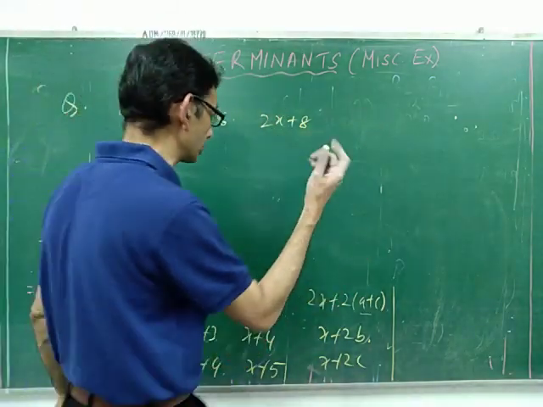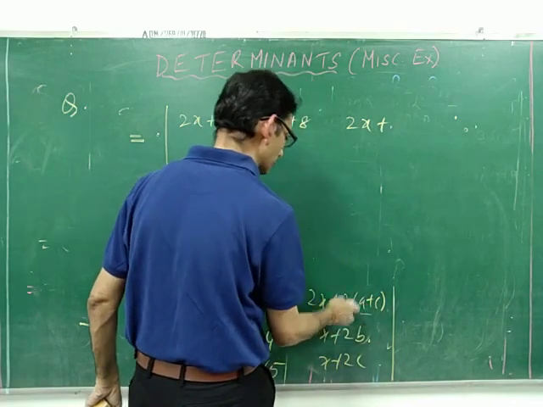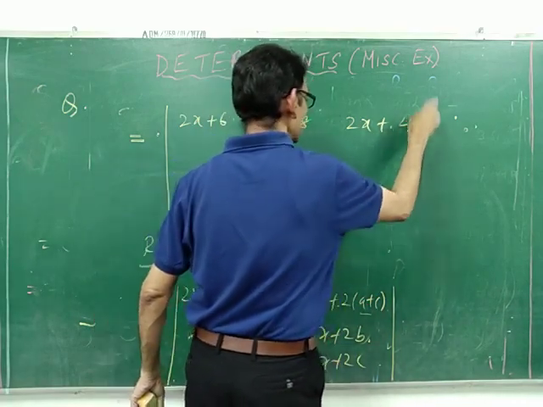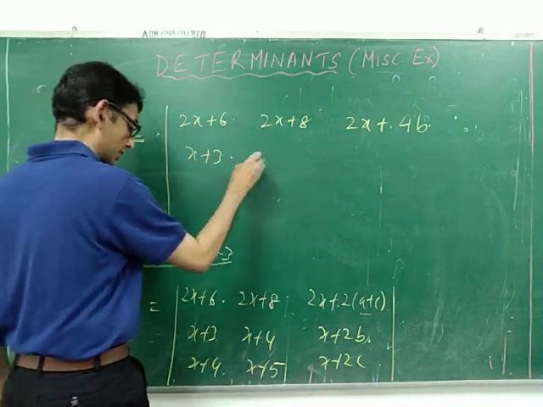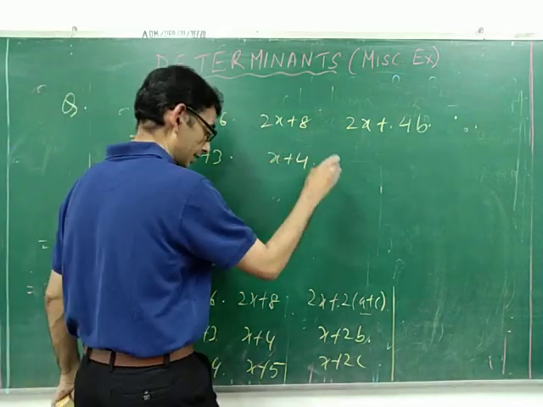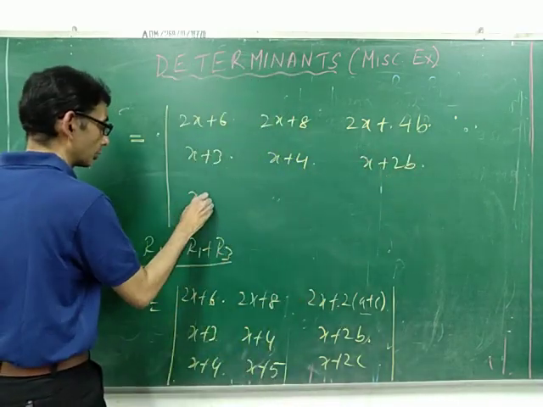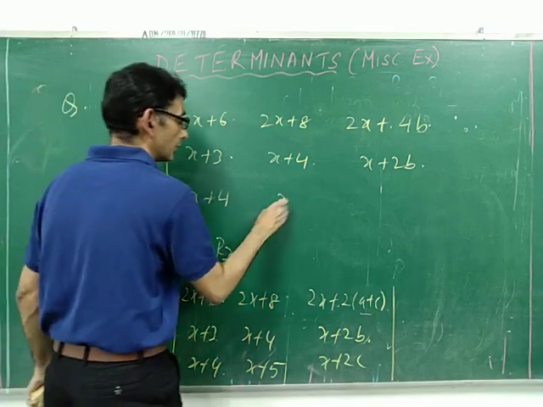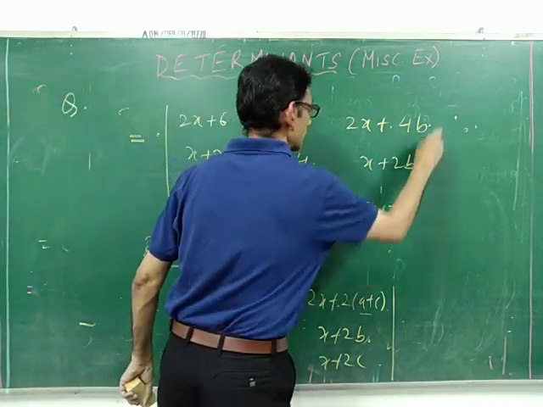A plus C is equal to twice B. Don't forget this: twice B into 2 is 4B. The second row is x plus 3, x plus 4, x plus 2b, and the third row will remain x plus 4, x plus 5, x plus 2c.